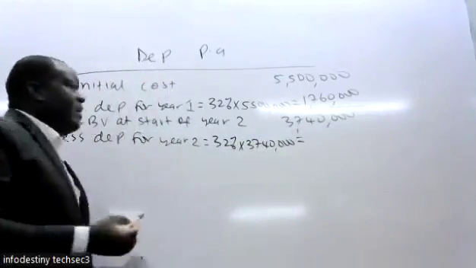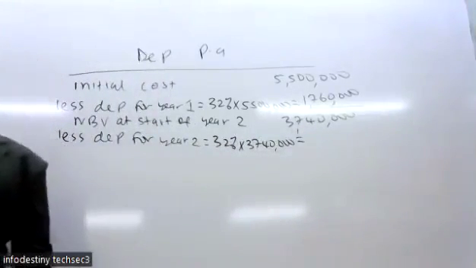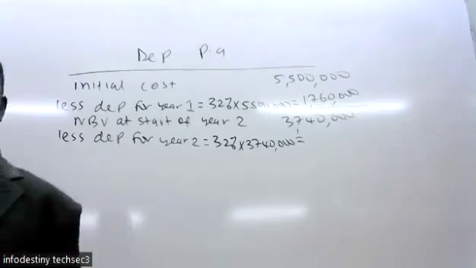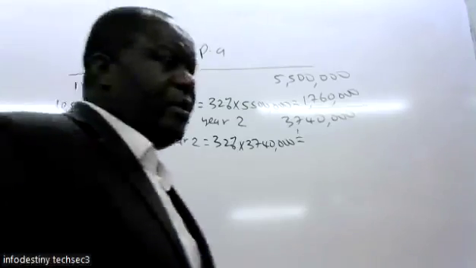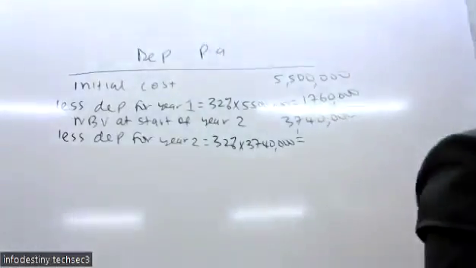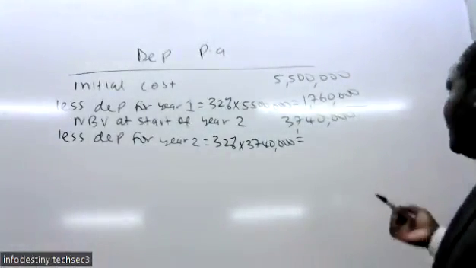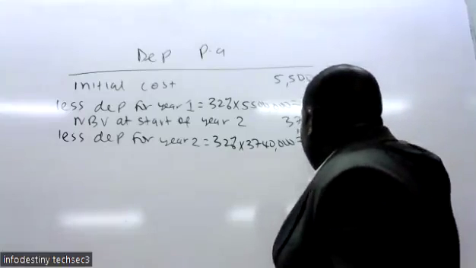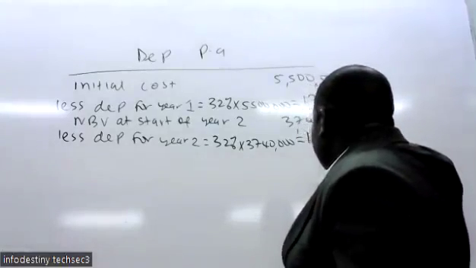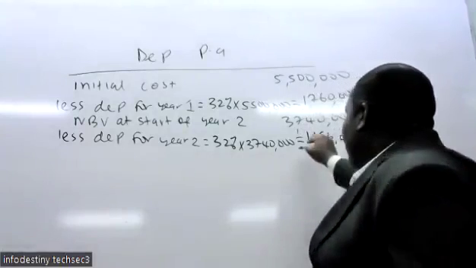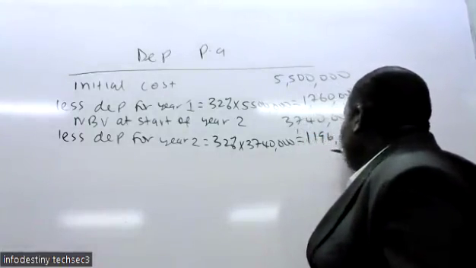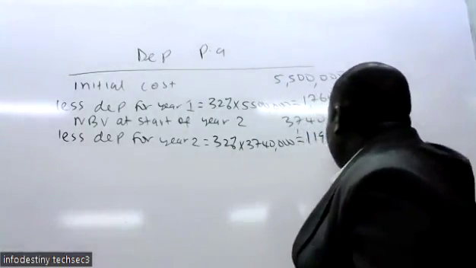So that we come up with the depreciation for year 2, which is 1,196,800.